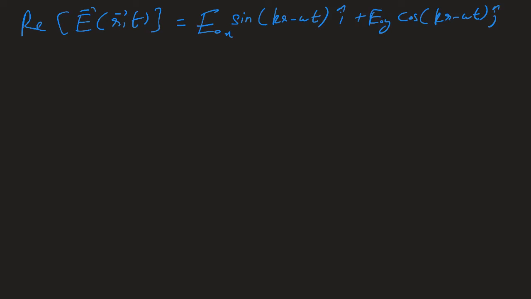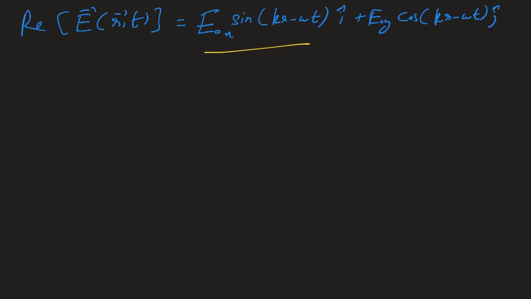You might say, where did the sine come from? Well, if you go back to the previous slide, we had a factor of e to the i pi by 2. That's a phase. What happens when you add pi by 2 to cosine? You get a sine, right? And that's exactly what's happened here. So the x component is now sine of kr minus omega t, and the y component is a cosine of kr minus omega t.